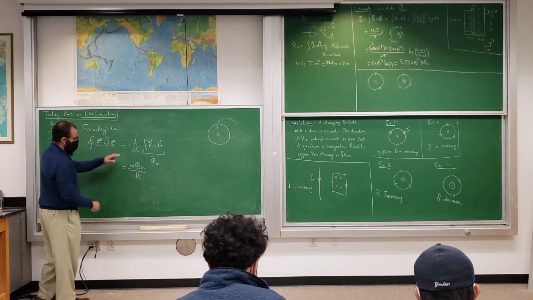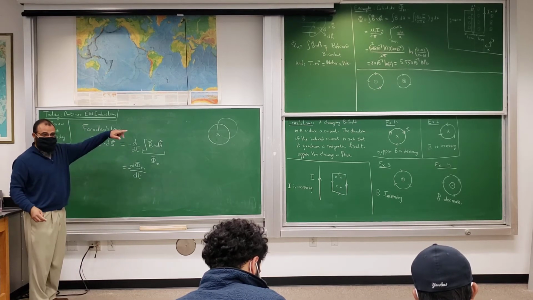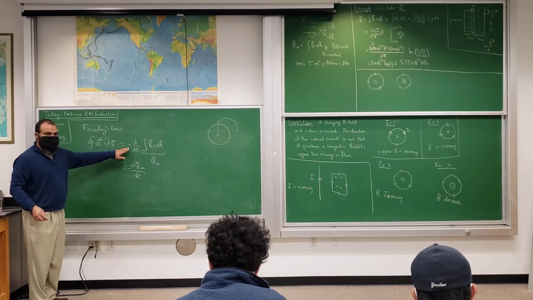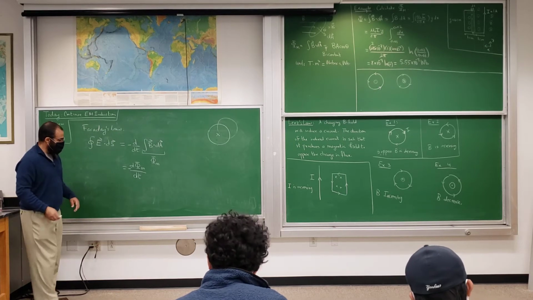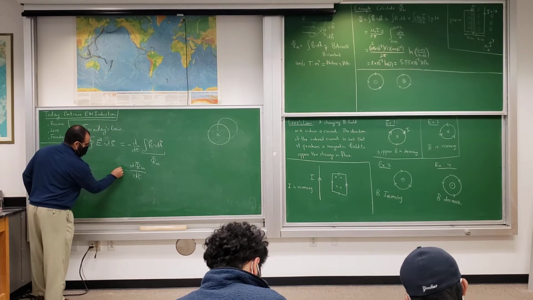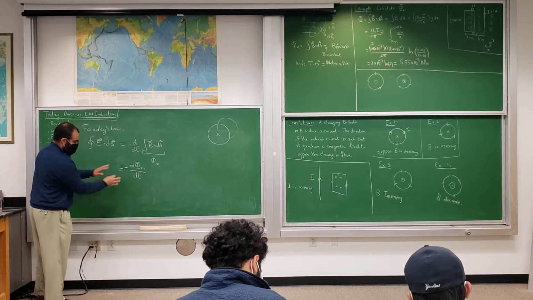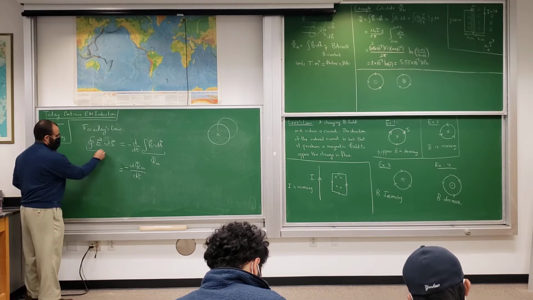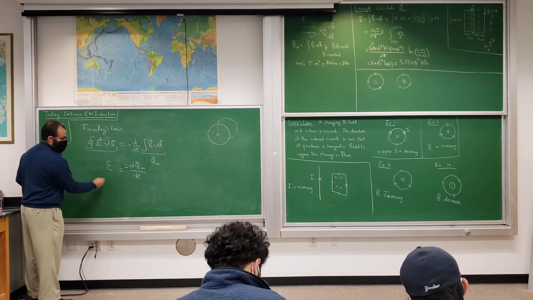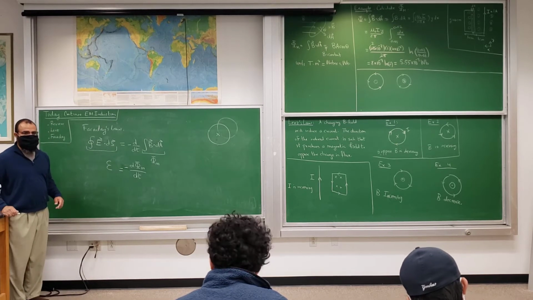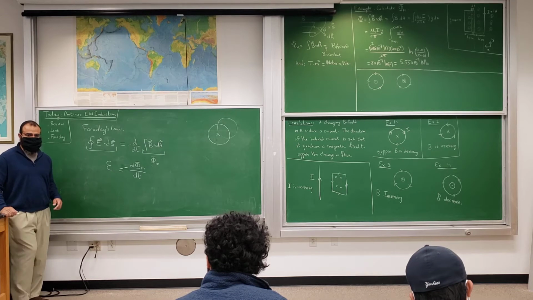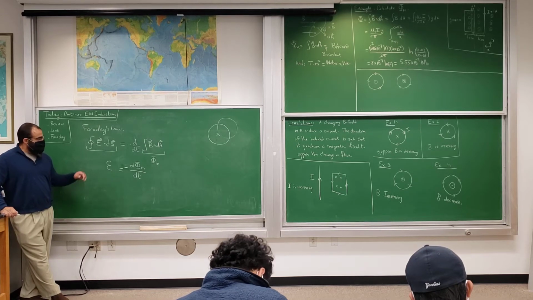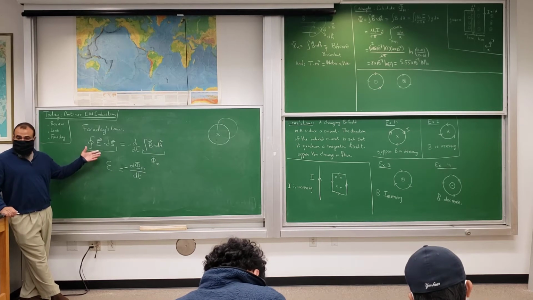And this minus sign is due to Lenz's law. It always opposes, so there will be a minus sign. We will learn how to work with it, but for now, this is Faraday's law. And this E dot ds is the EMF, right? So this is Faraday's law.